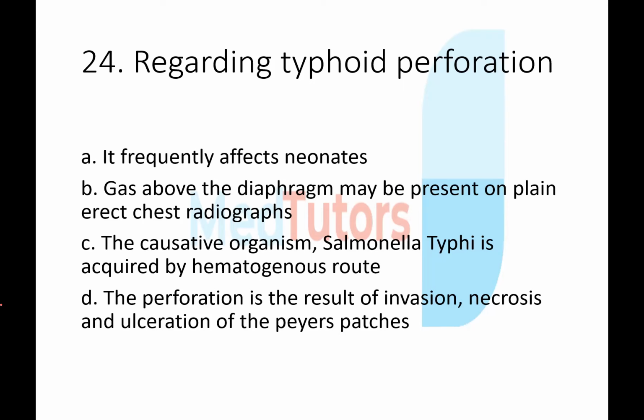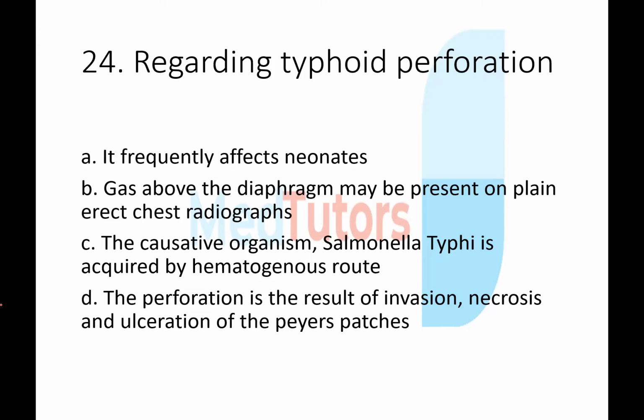D, perforation is the result of invasion, necrosis, and ulceration of the Peyer's patches. That is correct. So A, it doesn't occur in the neonate. It's very, very rare or unlikely in the neonate.